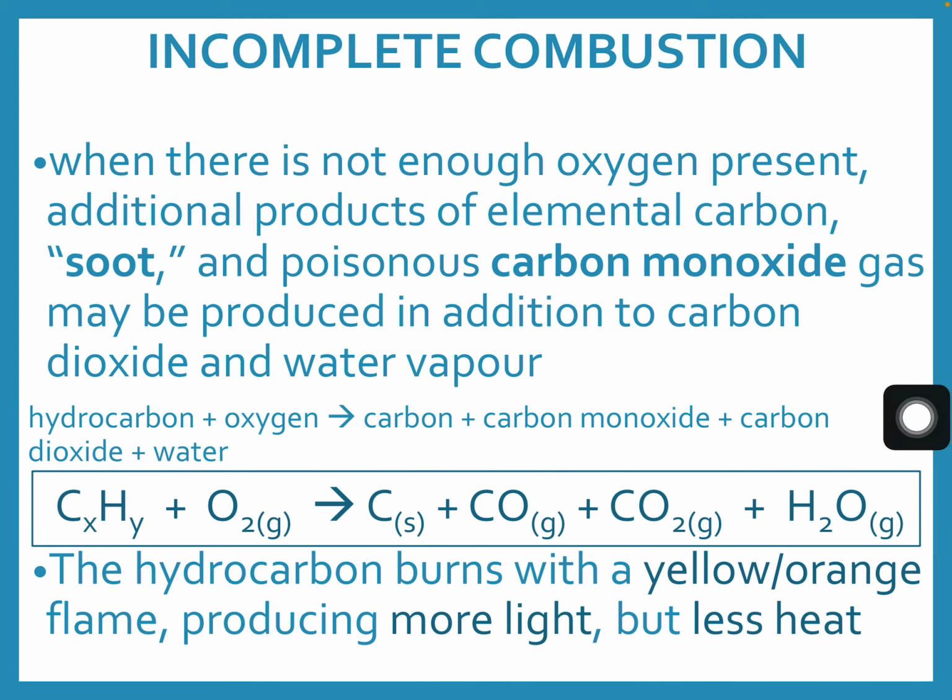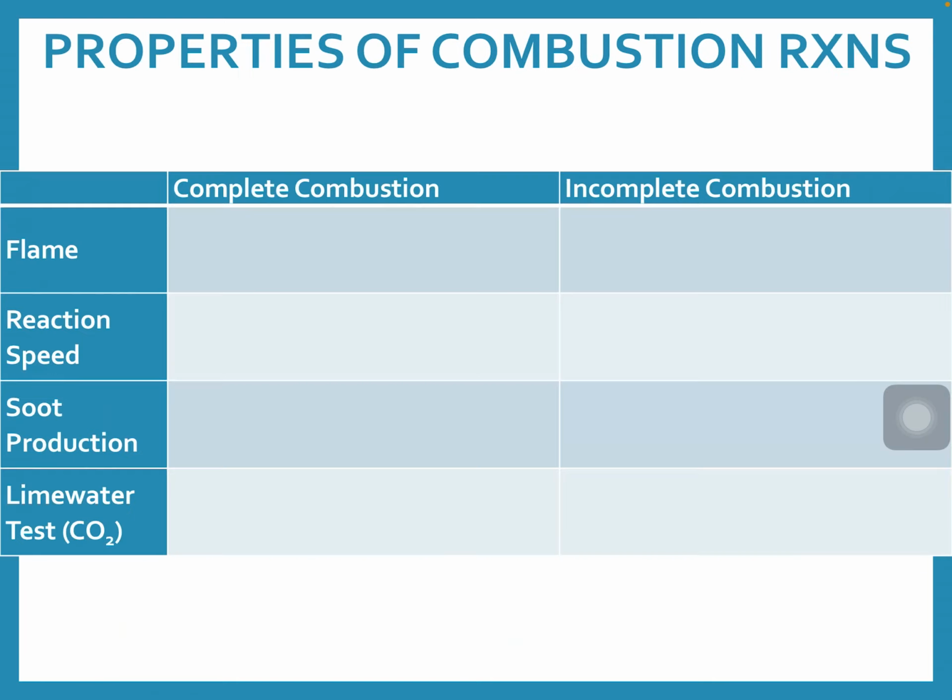So that we would say is not as clean of a process and not as efficient of a process. Because of that, this time, the combustion of the hydrocarbon is going to yield a yellow or orange flame. And so there's going to be more energy as light, but less as heat. So it's less efficient, and then we also create carbon and or carbon monoxide, which is a problem.